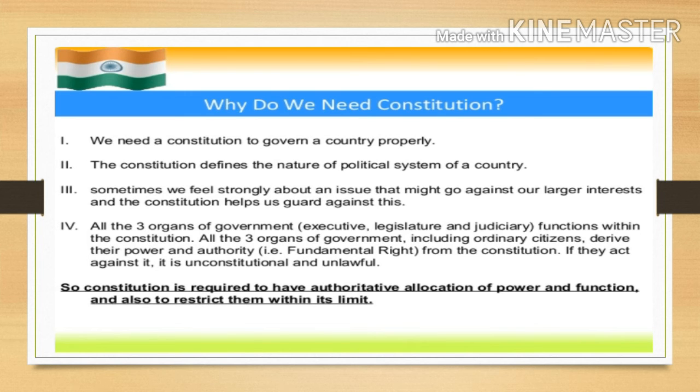All the three organs of government, including ordinary citizens, derive their power and authority from the constitution. If they act against it, it is unconstitutional and unlawful. So, the constitution is required to have authoritative allocation of power and function, and also restrict them within its limit.